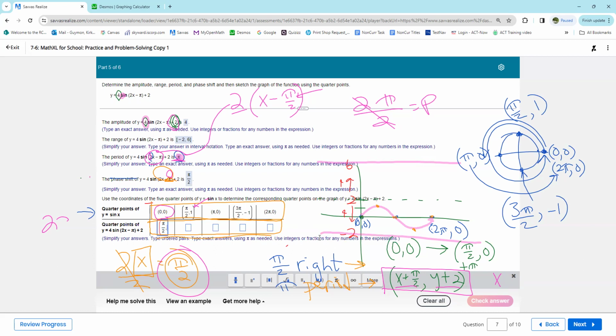And then get that 2 added on to the 0. And then the next one, we've got to do that same thing, but my period has been compressed down. So if my period's pressed down, that's going to move that point a little closer to this point also. So let's take that into consideration here when we get to the next point.